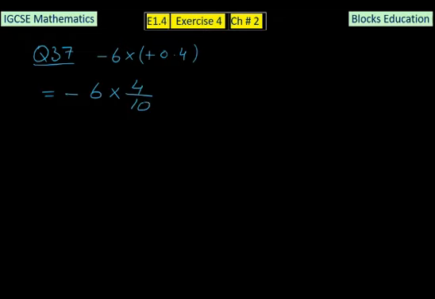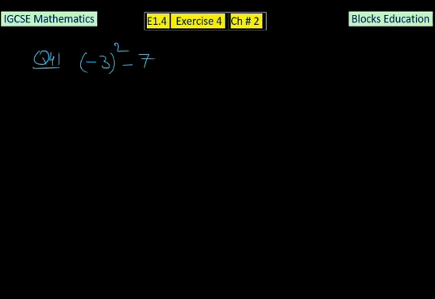So 0.4 can be written as 4 over 10. Now you can simplify it. 6 fours are 24, so minus 24 over 10. Whenever you divide a number by 10, you just have to look at how many zeros you're dividing. Only one zero, so the decimal, which is here originally, will move in there now. So the answer will be 2.4, and it is minus 2.4.